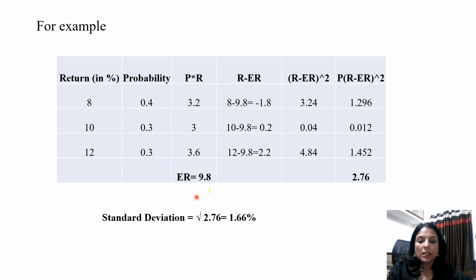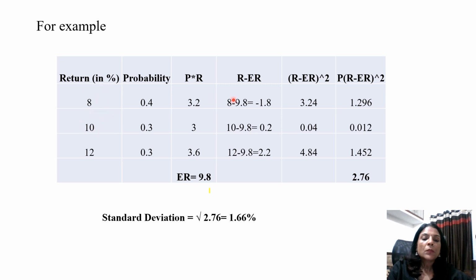Coming to the standard deviation, if you remember this format, it will be very easy to calculate the standard deviation. The first column is your return, the second column will give you the probability, and the third column you can calculate by multiplying the return into the probability, that is P into R. Now whatever expected return we have calculated should be subtracted from the percentage return.